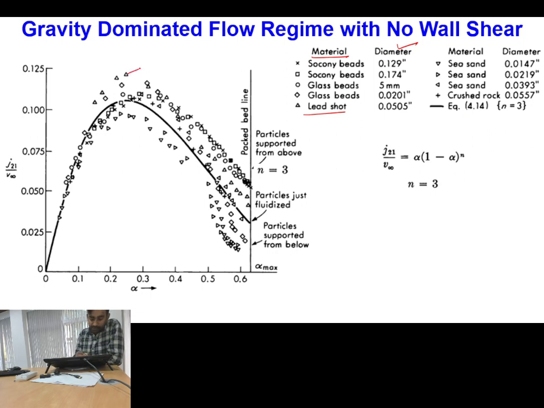All these scatter points are nothing but experimental data. In this experimental data, you can see J21 is non-dimensionalized with V infinity, where V infinity is nothing but the terminal velocity of each particle.